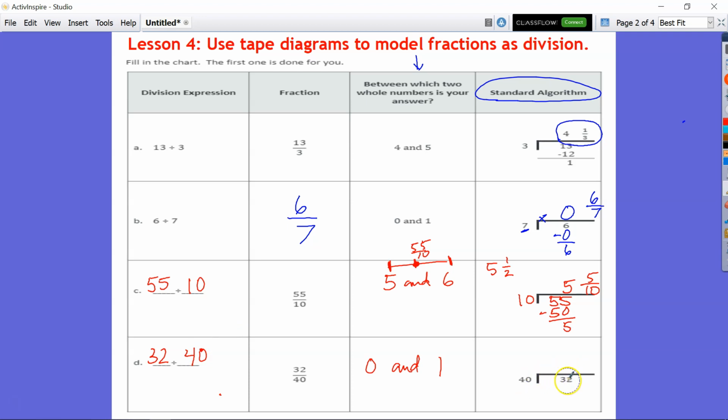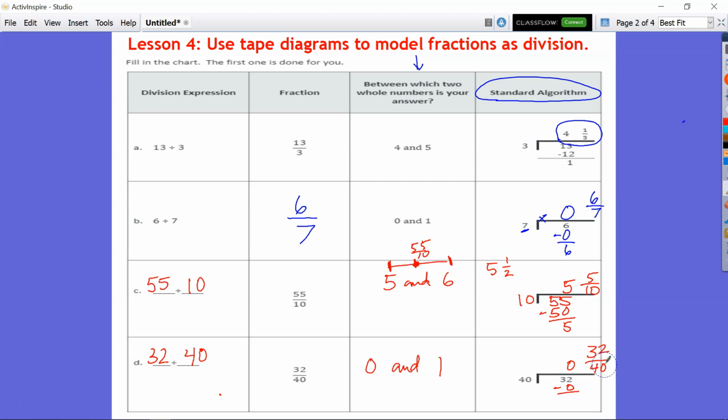I mean, if we had $32 and we wanted to divide it by 40 people, no one would get a whole dollar because we don't have enough dollars to give everybody 1 whole. So we would say, well, 40 times 0 is 0. And then we have 32 minus 0, 32 40ths.